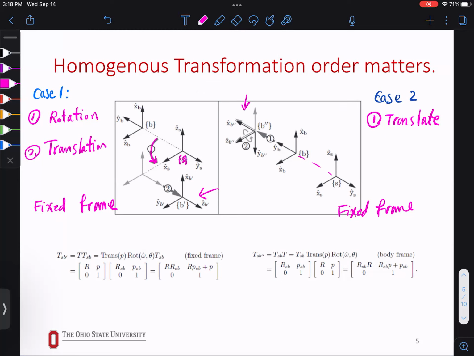Now, if you want to achieve the same final transformation, you go from fixed frame to body frame, then you might need to flip-flop the order. Okay, you wouldn't know. So it means that there might be cases that you are able to play with the translation and rotation to get the same final transformation. But you have to be careful.